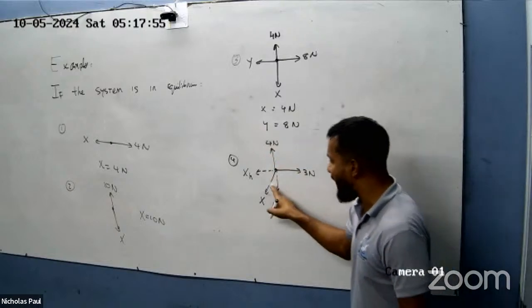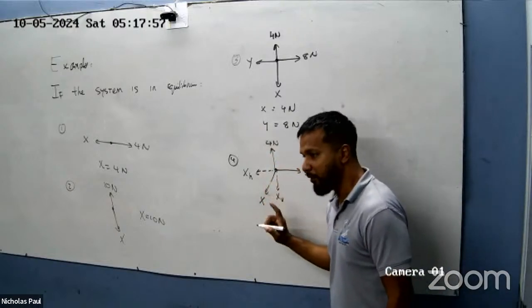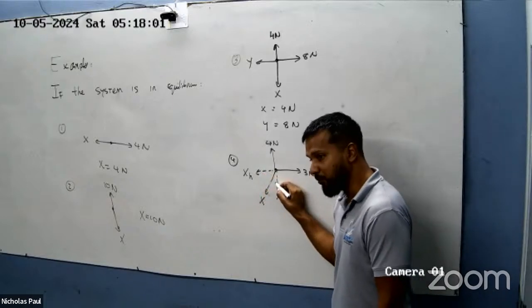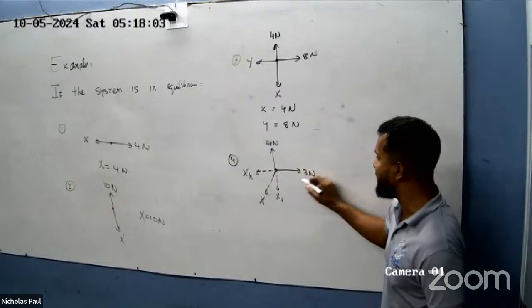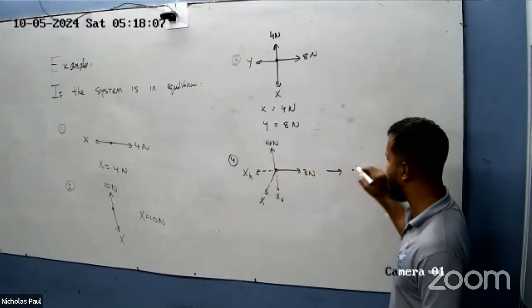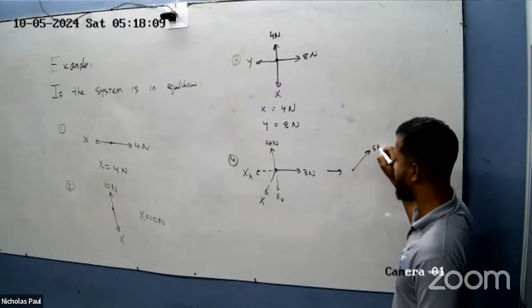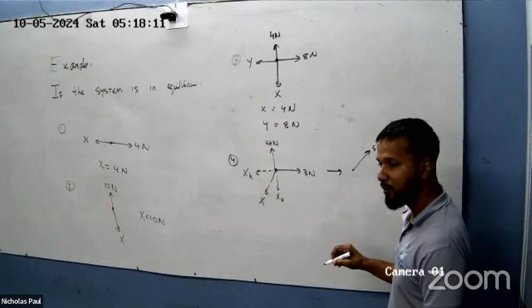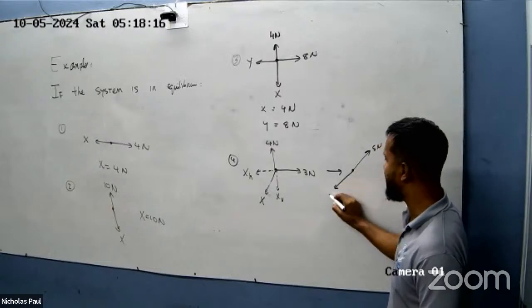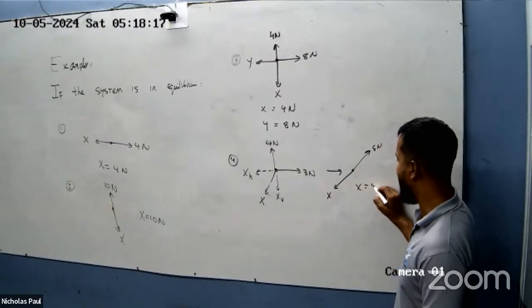Because remember, I didn't give you any angles or anything. But that's a good option as well, we could make up a theta here. But Nathaniel said that the resultant of the 4 and the 3 is 5 newtons. He used Pythagoras theorem, and he said that that 5 newtons is the same as x. So x is 5 newtons.